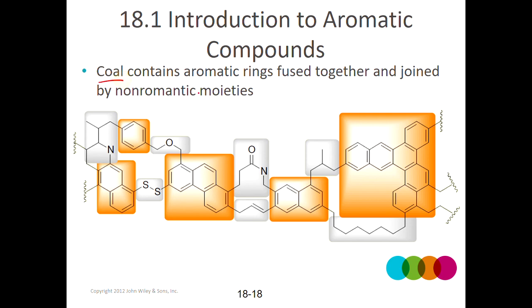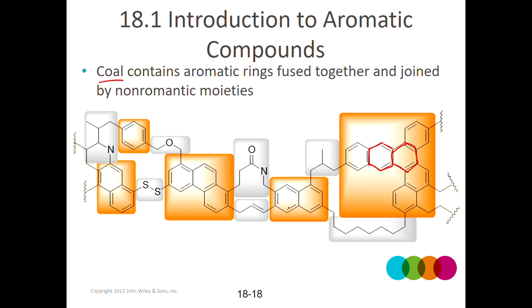Coal is mostly composed of fused aromatic rings. So here I've got one. It's fused to one over here. This one's fused to more. And then there are also alkyl chains and other functional groups because coal is made, fairly chaotically under the ground with a lot of pressure. But it's these aromatic rings that are fused together.